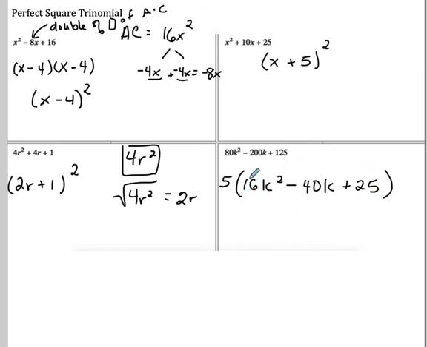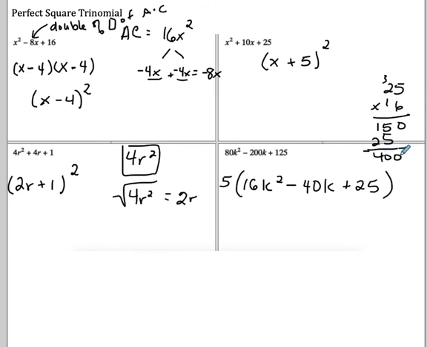Well, 16k squared is a perfect square and 25 is a perfect square, and so if I multiply those together, 25 times 16, I was rushing, that's 400.